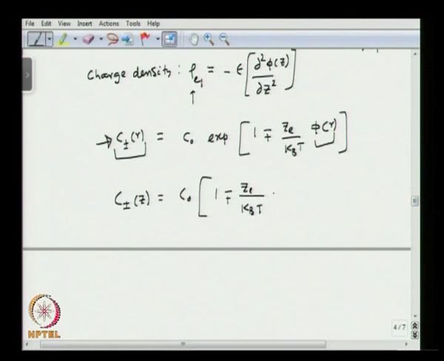Say exponential minus z over lambda d. Okay.